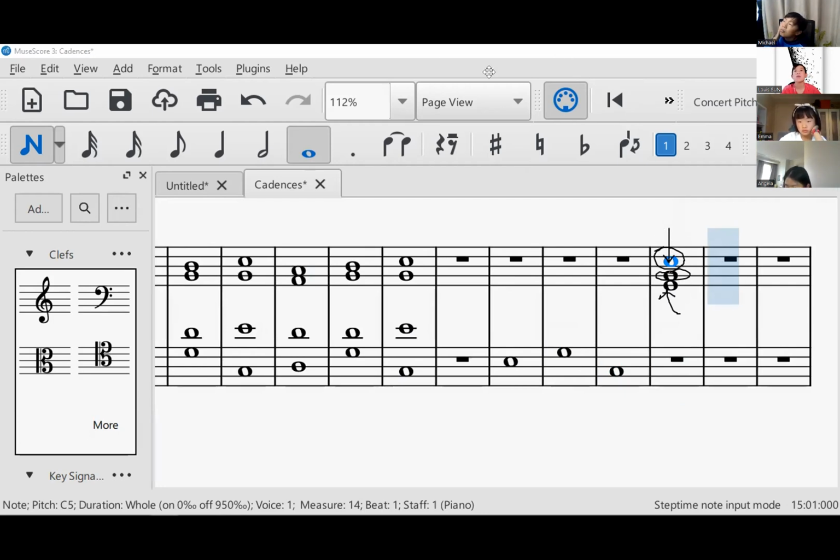So in first inversion in 4-part vertical style it looks like this. And like that. So that's 1651 or 1B51. One in first inversion.